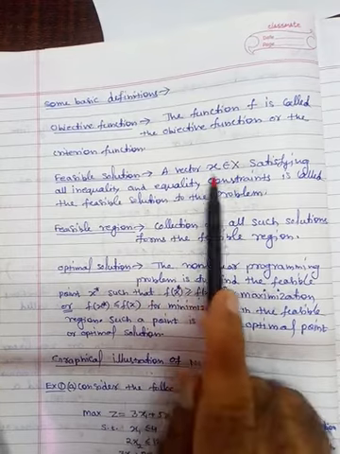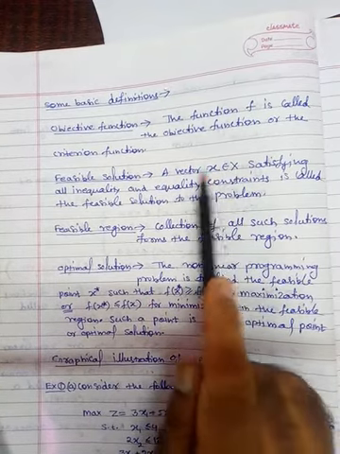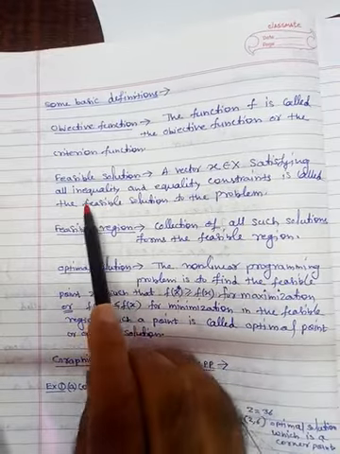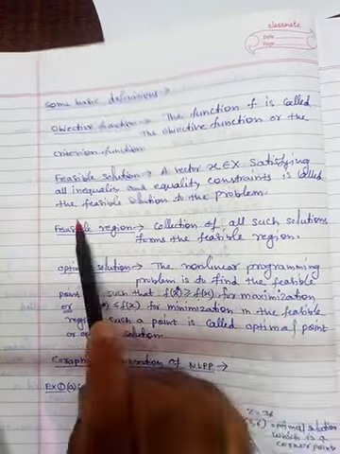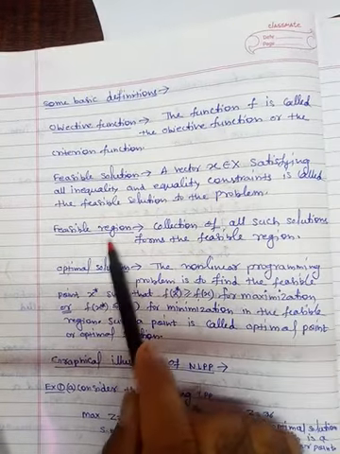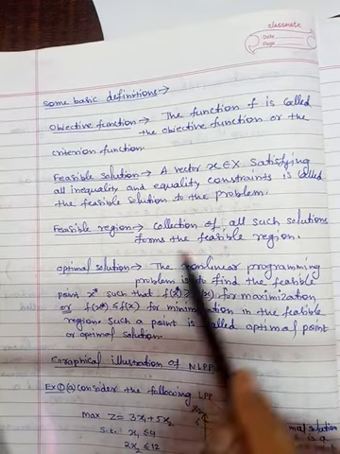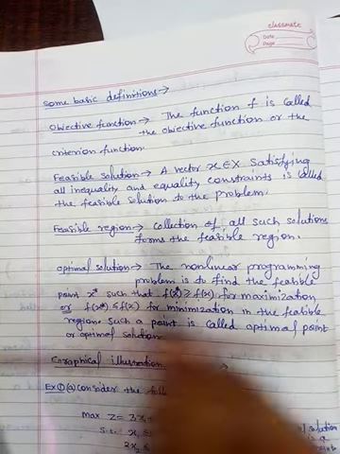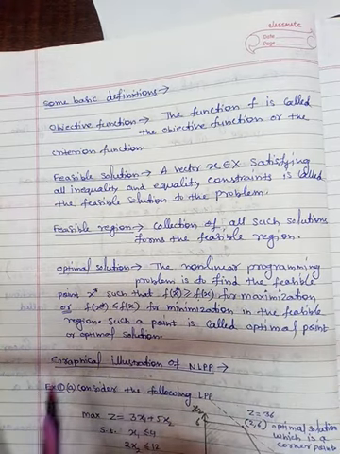A vector x belonging to X, any vector in X satisfying all inequality and equality constraints is called the feasible solution to the problem. Fine. Now the feasible region: the collection of all such solutions forms the feasible region. Whatever collection of solutions of this type comes, we collect all of them, and that will form the feasible region.